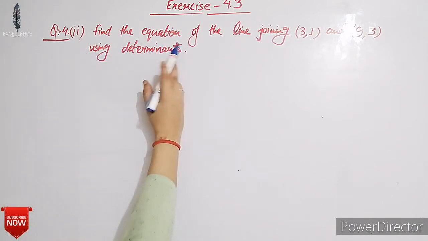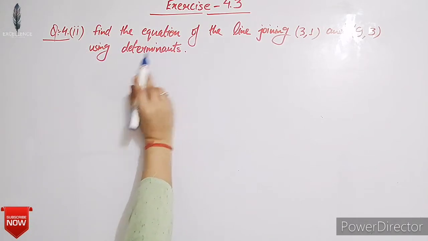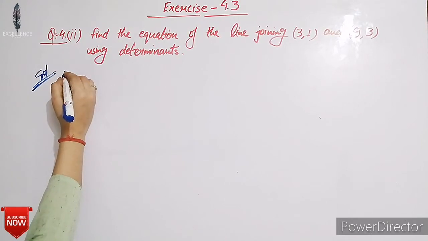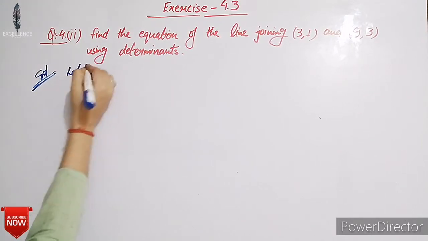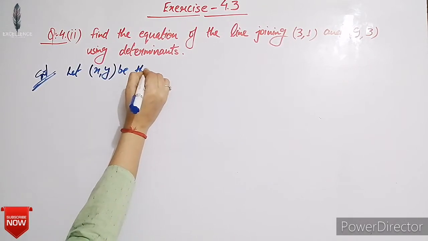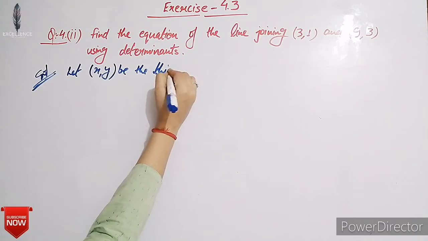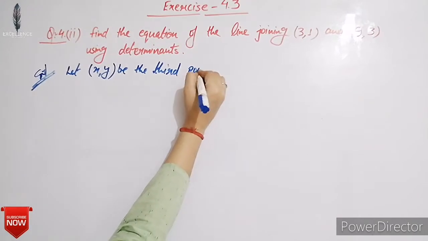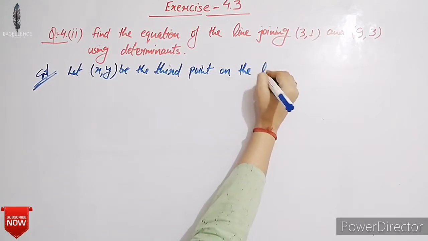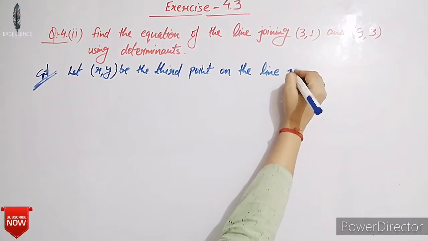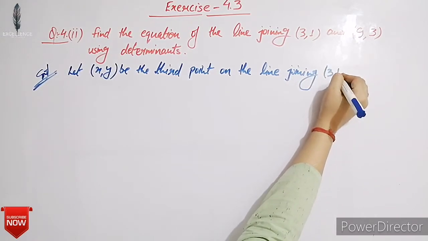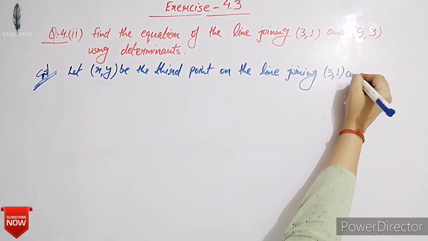Here also we have to find the equation of the line joining the points (3, 1) and (9, 3). Let's solve it. Let (x, y) be the third point on the line joining the points (3, 1) and (9, 3).